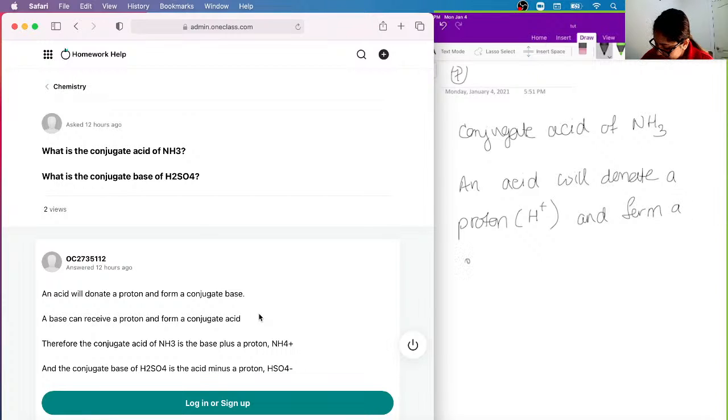Whereas a base can receive or gain a proton.